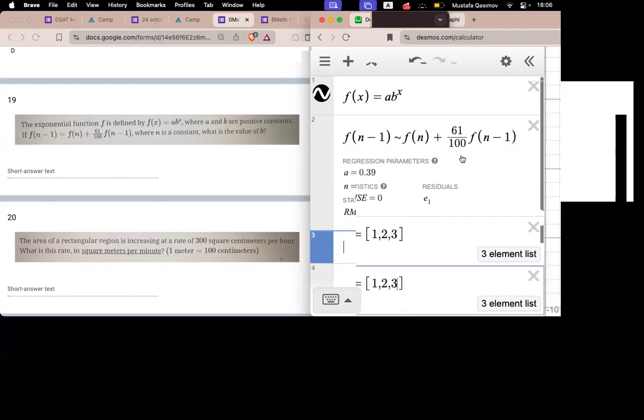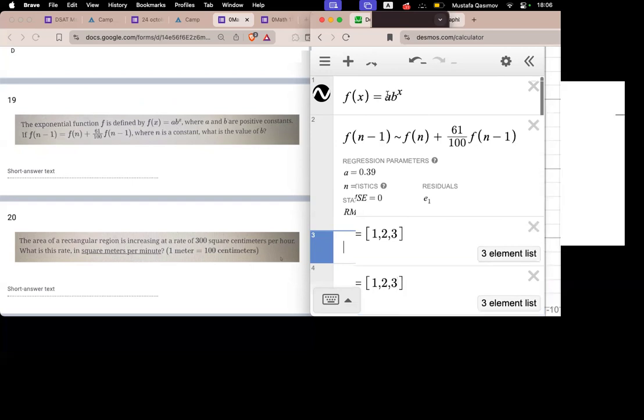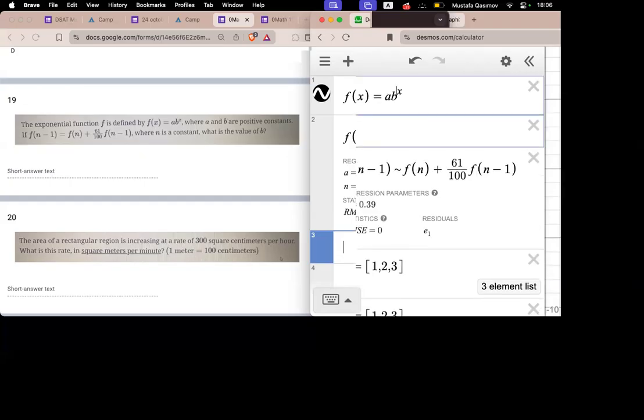Okay. Also you can think it like that. What's the meaning of this function? What's the meaning of an exponential function? Look, this function means that it starts from A. A is the initial value.